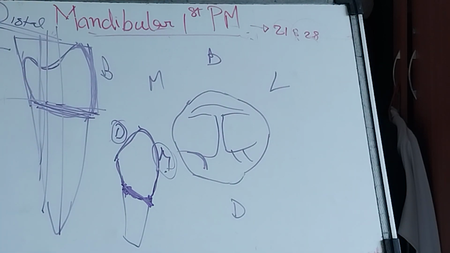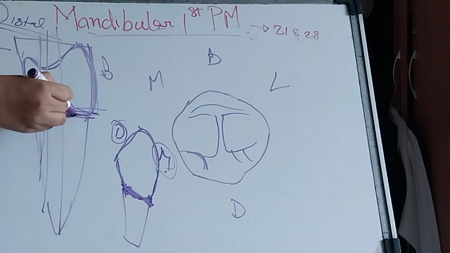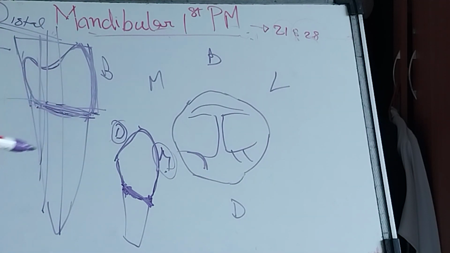And the distal surface, we'll see it is smooth except for the small lingual concavities over here in the cervical line, or else the whole surface is smooth. In the mesial surface, we found it was having the mesiolingual developmental groove and small concavities in the cervical line.